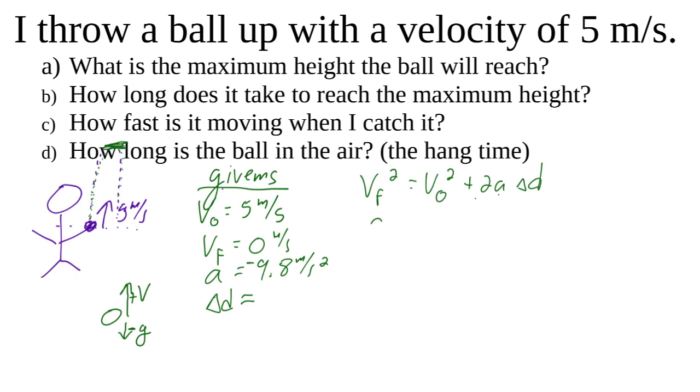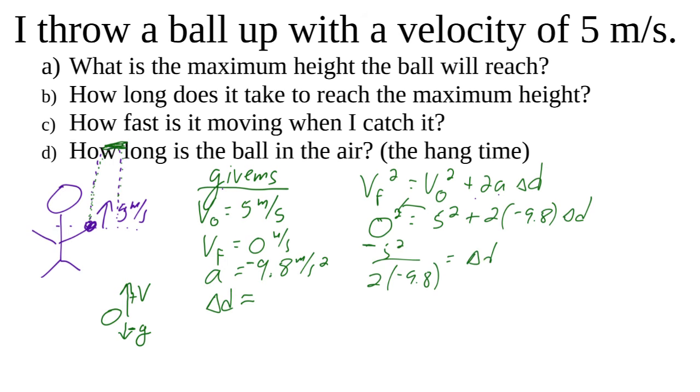Okay, so the velocity at the peak we said was 0. The initial velocity was 5. Our acceleration is negative 9.8. And then we're looking for our displacement. All right, do a little bit of algebra here. So this will be 5 squared divided by 2 divided by negative 9.8. Actually, when we subtract that 5 squared, that's going to give us a negative 5 squared.